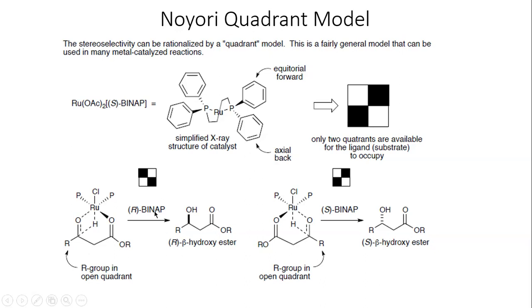So here with the R binap, you can see the bottom left quadrant is open. So the R group is going to be there, and the hydride is going to be transferred here, and then you get your R beta hydroxy ester, right? So that's the model to predict the stereoselectivity for that Noyori catalyst.